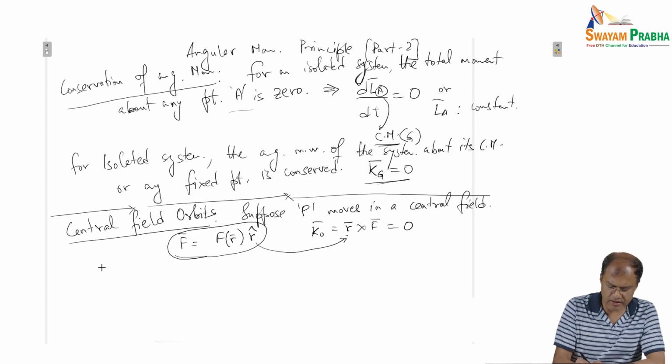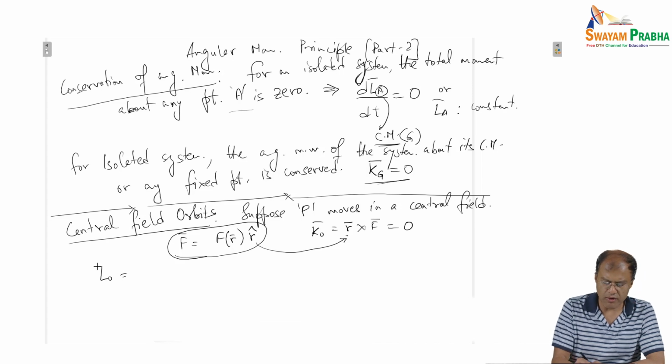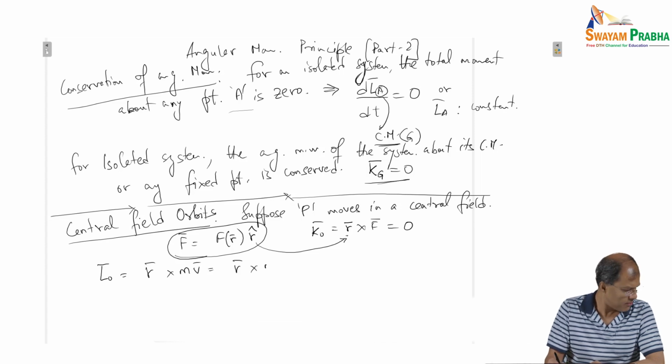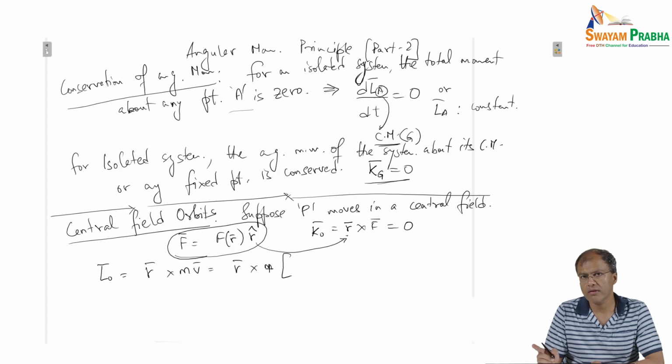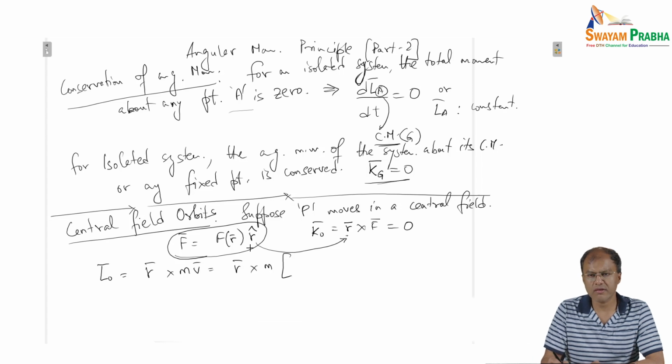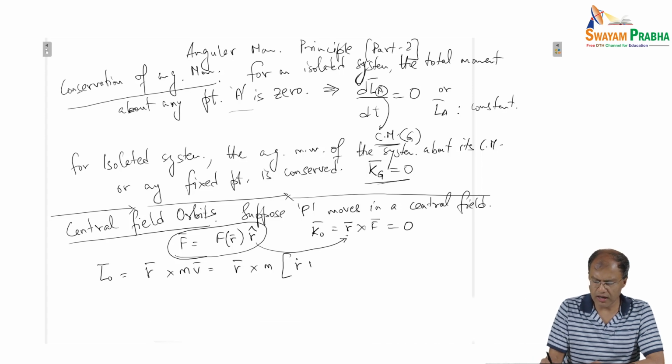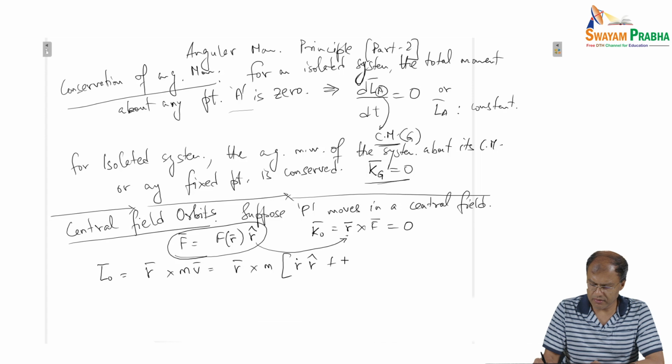So in that case, our angular momentum can be written as follows. Our L_O is r cross mv, and this is going to be r cross m times v. We write the formula for velocity in the polar coordinates here, because it's a central field. So this is r dot r hat plus r theta dot theta hat.